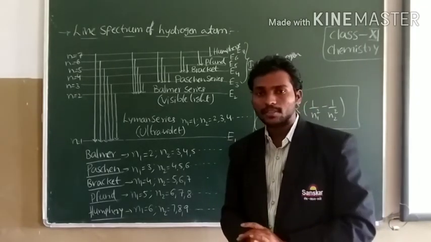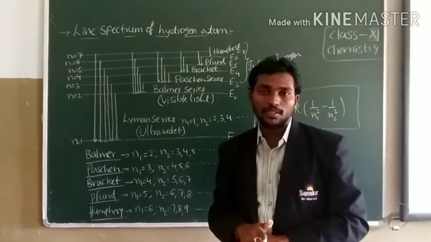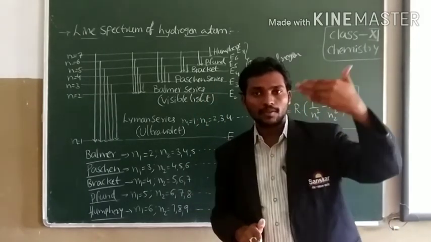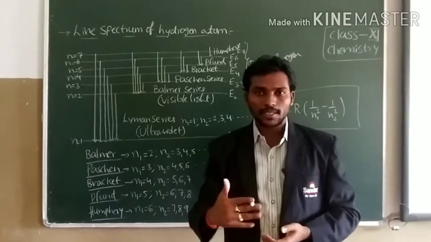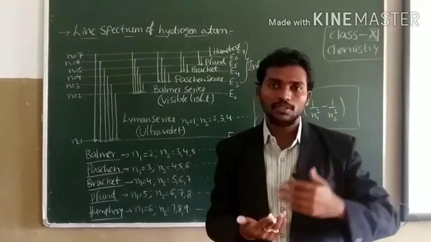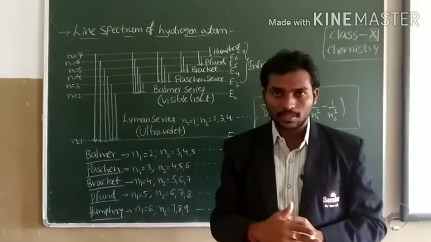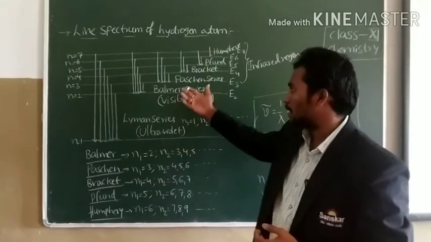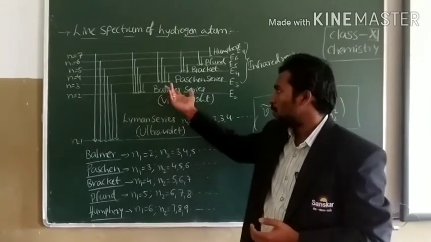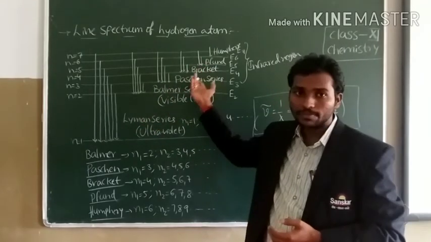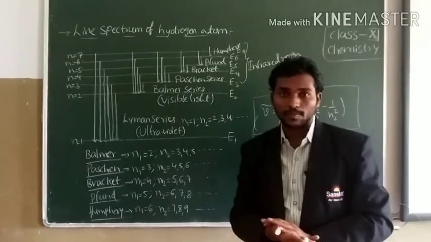Under normal conditions the electron is in the ground state, but when it gets excited, it travels to higher energy levels and emits radiation when going from the higher level to the lower level. During this transition, they observed different spectral lines in different series and named them Lyman, Balmer, Paschen, Brackett, Pfund and Humphreys series. This is the line spectrum of the hydrogen atom.